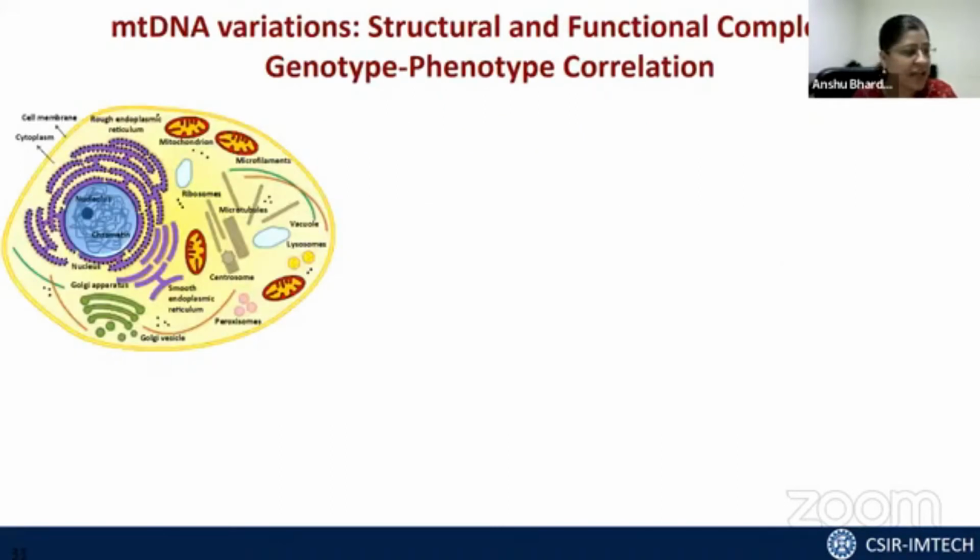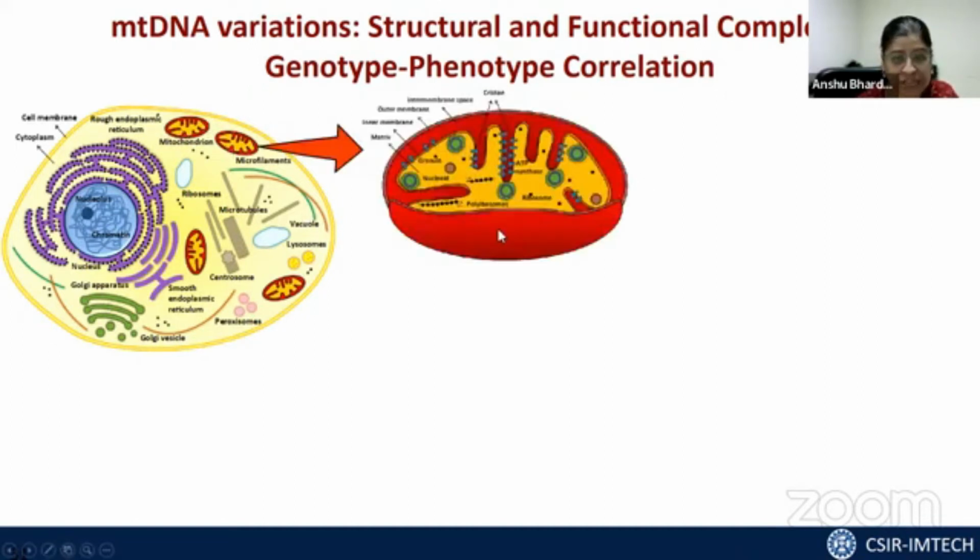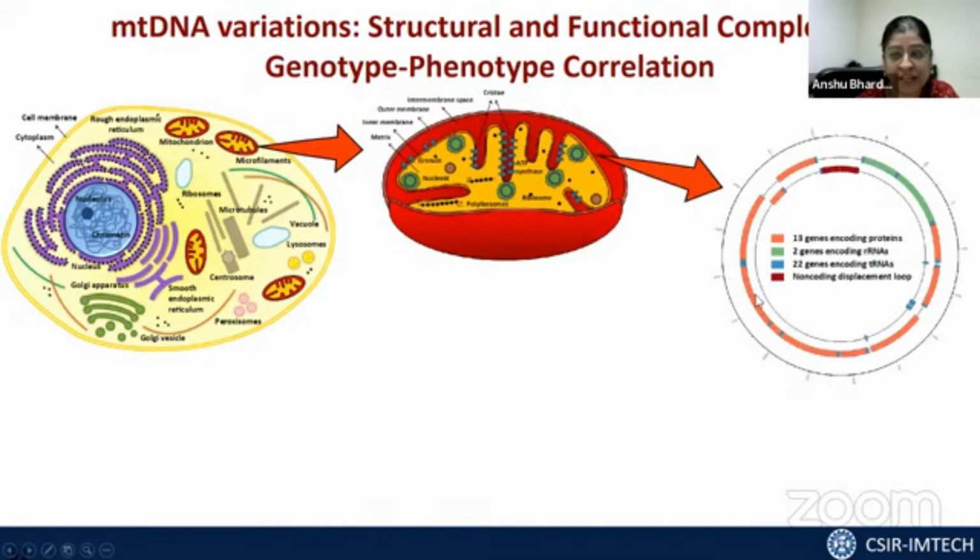Moving forward, again, I'll not be able to describe much of this work, but you know that in each cell there are several mitochondria, and within each mitochondria there are several mitochondrial DNA, and we could assess this mitochondrial DNA for disease association.